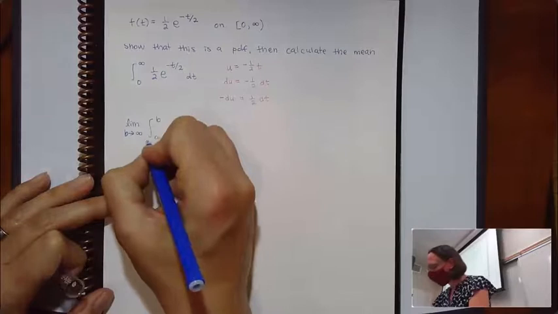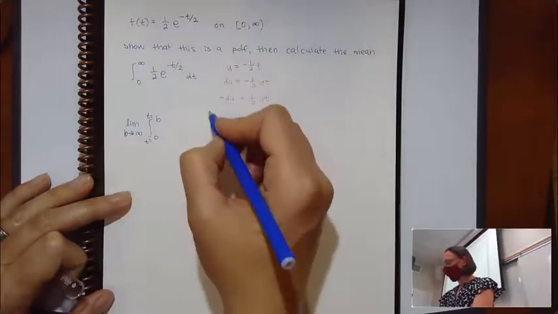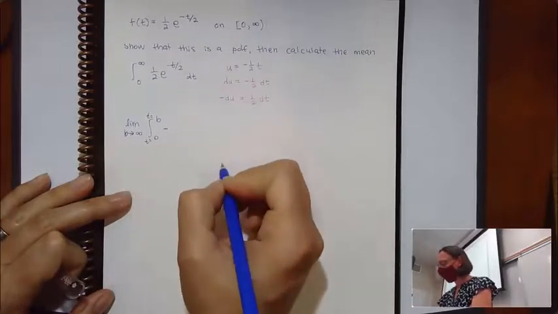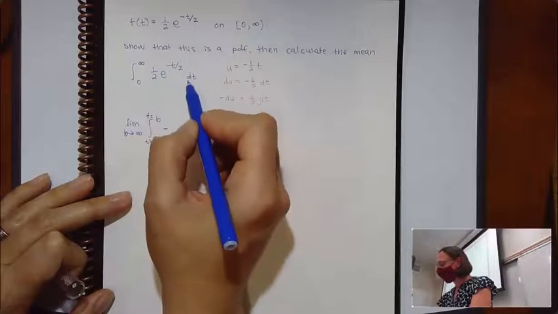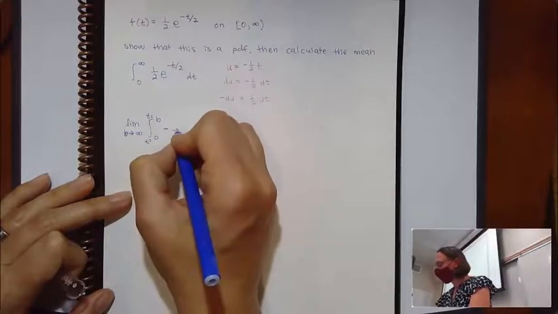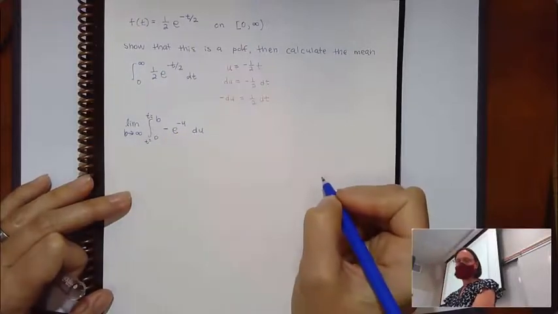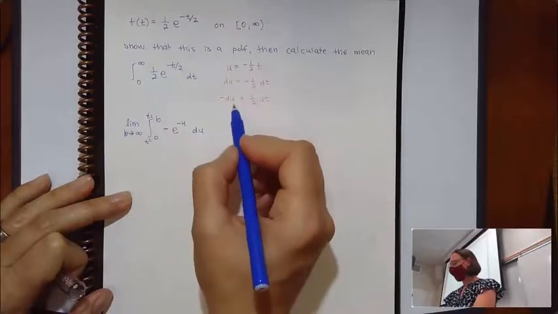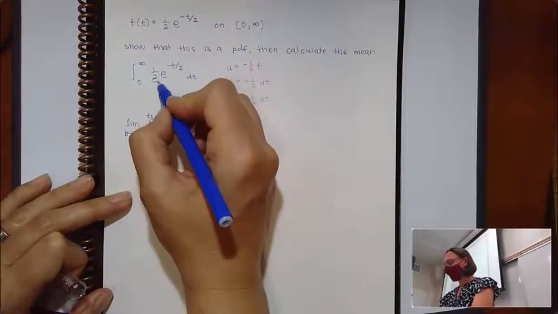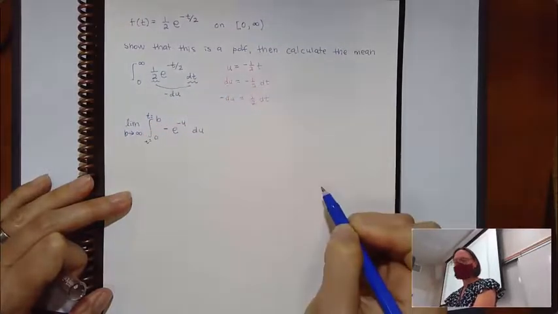So I'm just going to call this t equals 0 and t equals b so that I can do my u sub. I'm going to need that negative. The 1/2 and the dt are taken care of. So I'll just have negative e to the negative u du, because that negative du is the 1/2 dt. So together that's negative du.